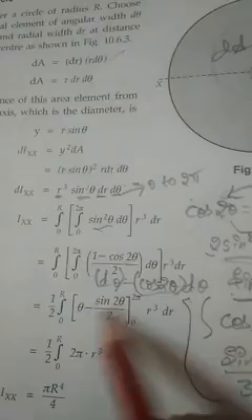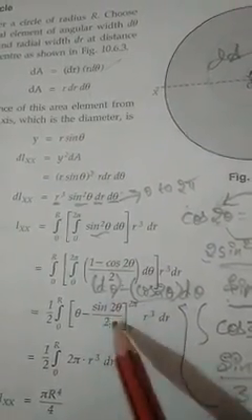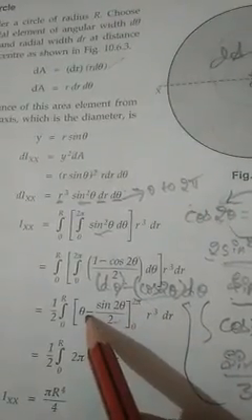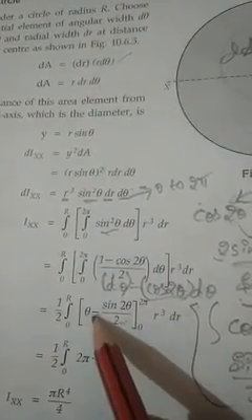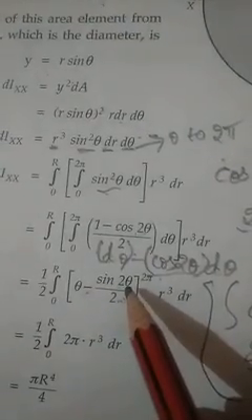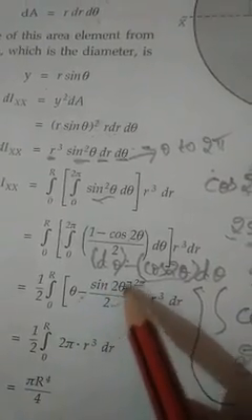Next, whatever the limits are, 0 to 2 pi, you have to put the limiting value. If you put theta as 2 pi, then 2 pi minus sine 2 pi. Sine of any multiple of pi is 0, so the whole term will become 0. I'll repeat once again: in the place of theta, if you put 2 pi, in 2 theta it will become 4 pi.